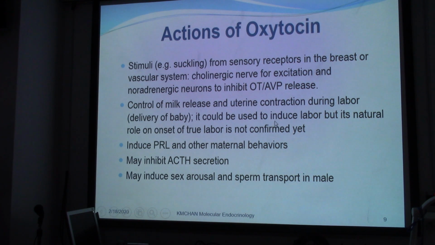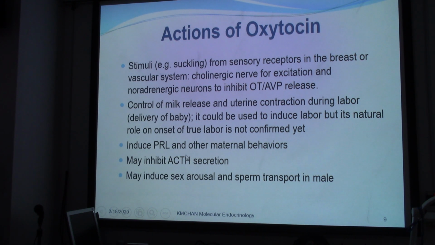Okay, it's not really initiating the labor contraction. So you have to be very careful about this physiological response. And then at the end, oxytocin would also induce prolactin, and together with prolactin, they act on many maternal or mother's behaviors.